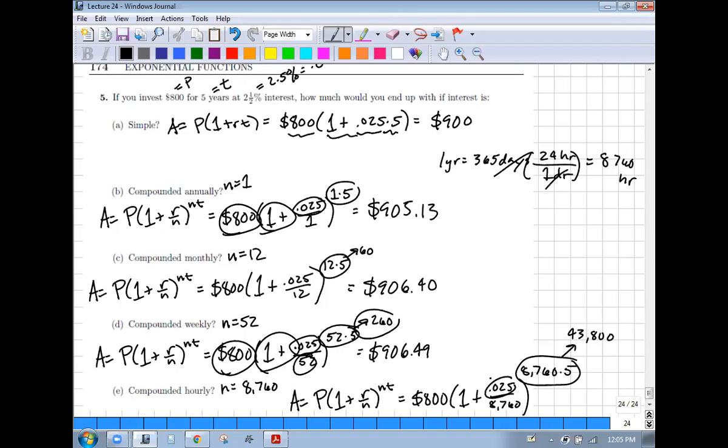So 0.025 divided by 8,760, add 1, raise this to the power of 43,800. Now multiply by 800, and I get $906.52. 52 cents. So we got an extra 3 cents by going from weekly to hourly.